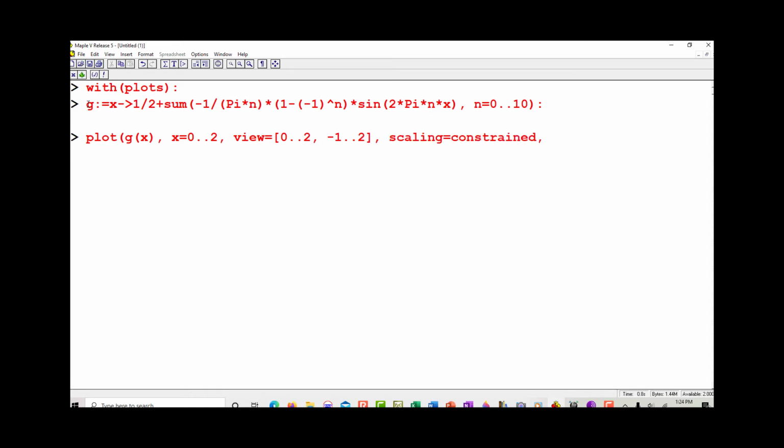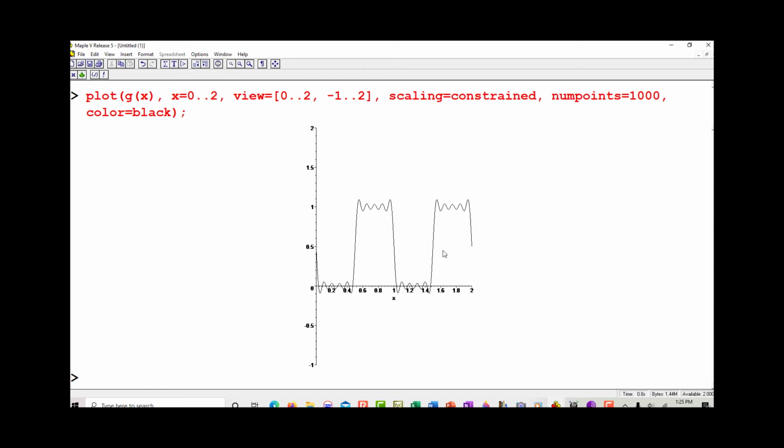It's going to have the same scale on the x and the y axes. A thousand points will be the basis for the plot, and we'll make the thing in black. Yes, 1 to 10 that is. And there we have it.